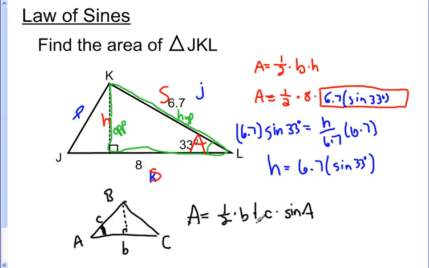So this c times sine of A ends up giving us the height of that triangle. So for any triangle where you're given side angle side, this is your general area formula.